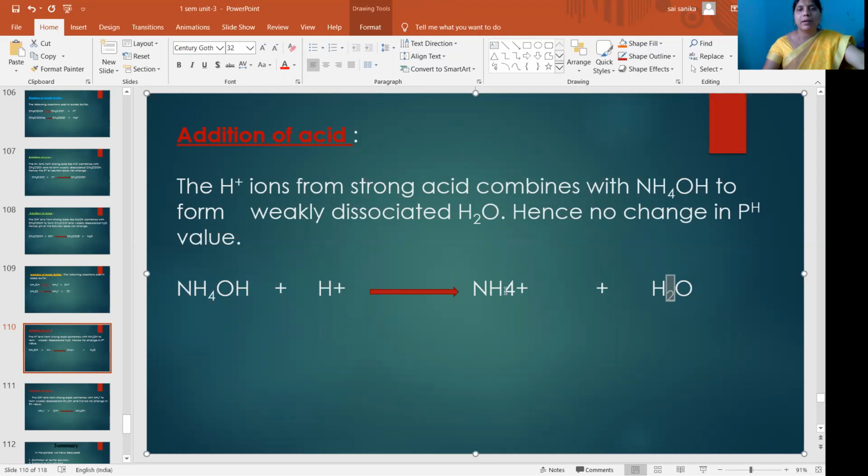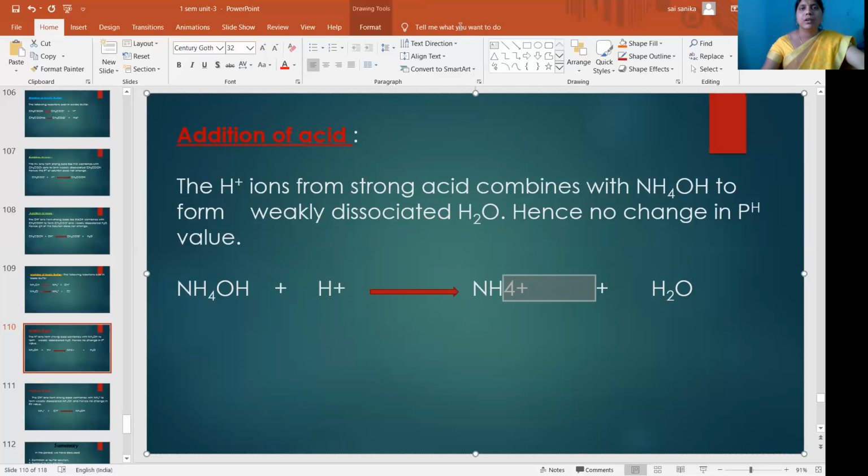Similarly, when you add base to the basic buffer, what is happening? The OH minus ions of the strong base react with NH4 plus.